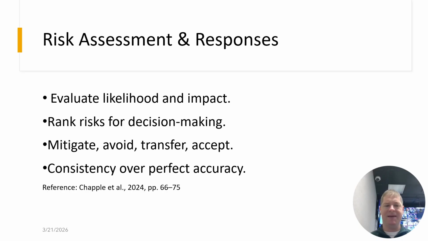That includes mitigate, reducing the risk through controls; avoid, eliminate the activity causing the risk; transfer, which means to shift the risk, often through insurance; or accept the risk, which is acknowledging the risk without taking any action. An important point is that risk assessments do not need to be perfectly accurate. They need to be consistent and repeatable so organizations can make informed decisions over time.